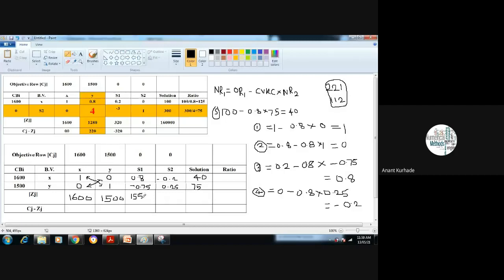It is finished now. Go for the next one. 1600 into minus 0.2 plus 1500 into 0.25. 3.2, 1525 divided by 75, 3275. What is that? 22 point something.